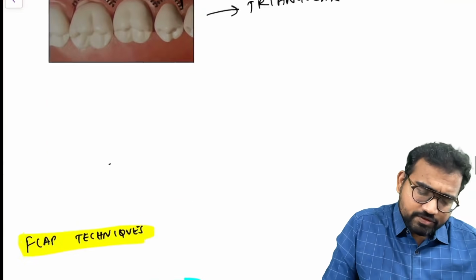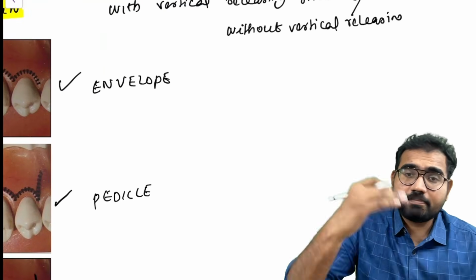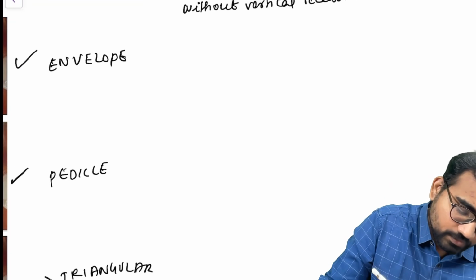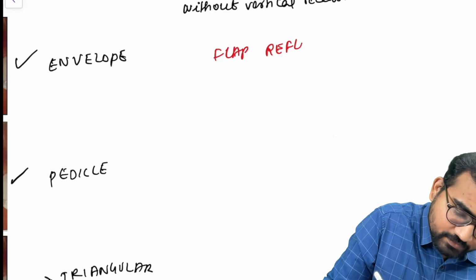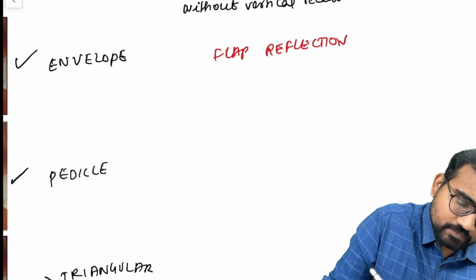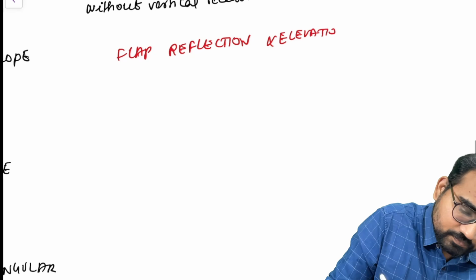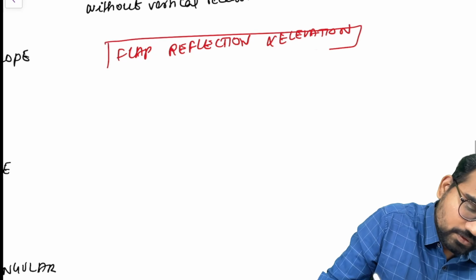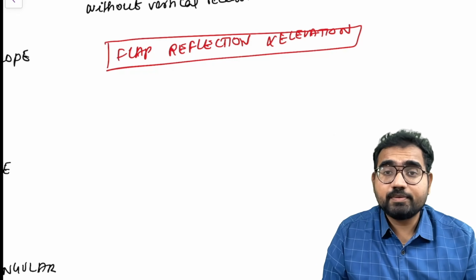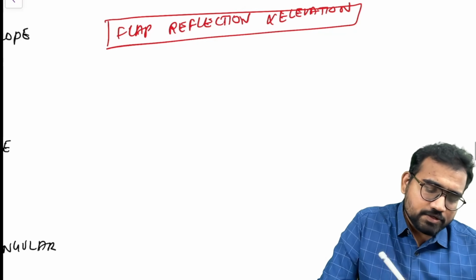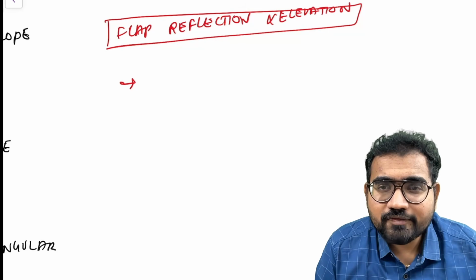Next, what you are going to see is the flap reflection and flap elevation. What do you mean by flap reflection and flap elevation? Very simple. What instrument are we going to use to reflect and elevate the flap?